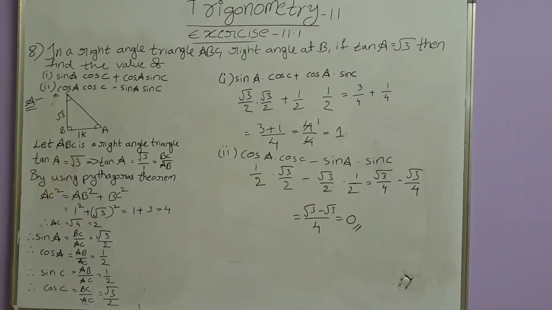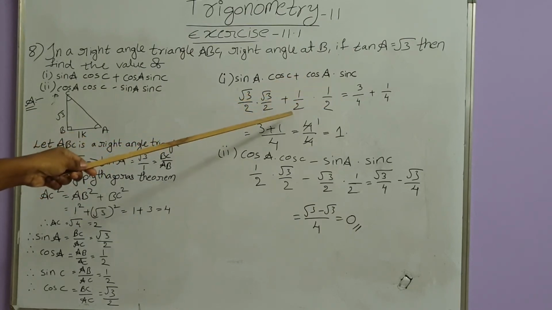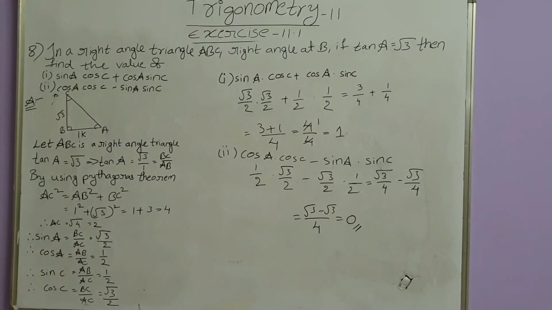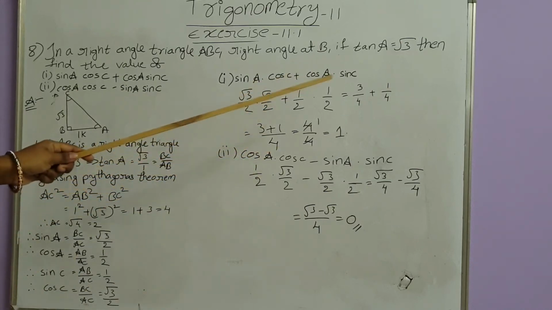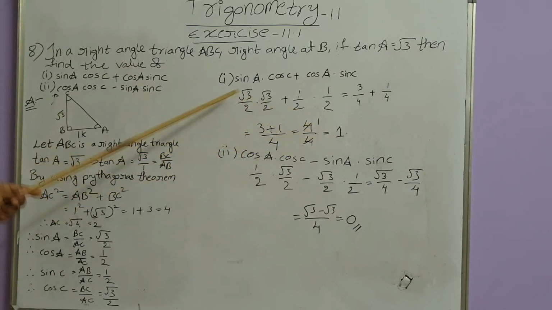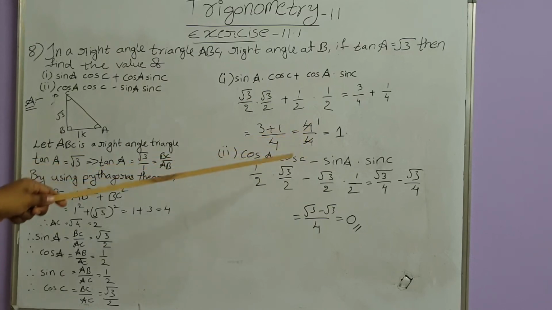Root 2 into root 2 is equal to 2. This way root 3 into root 3 is equal to 3, by 2 into 2, 4, plus 1 into 1, 1, 2 into 2, 4. You can take 4 as LCM. 4, 3 plus 1, 4. 4 by 4 is equal to 1. Sin A cos C plus cos A sin C is equal to 1.